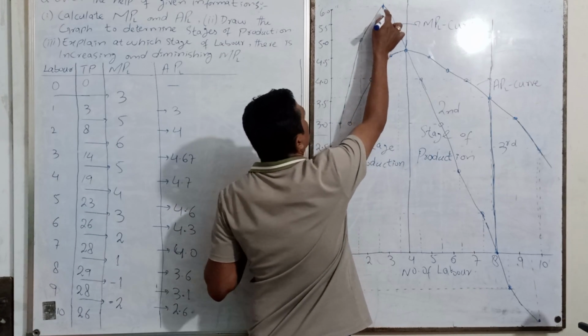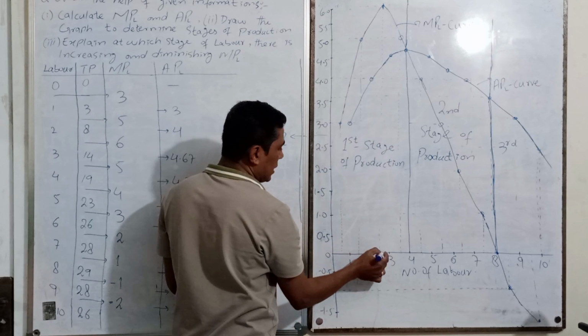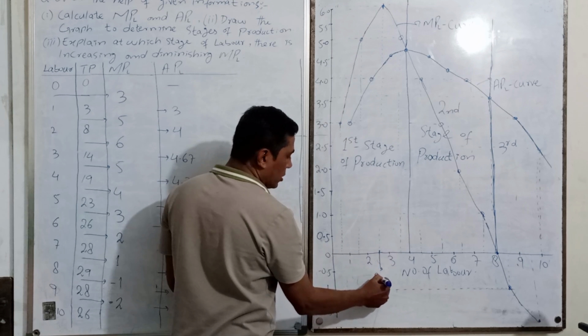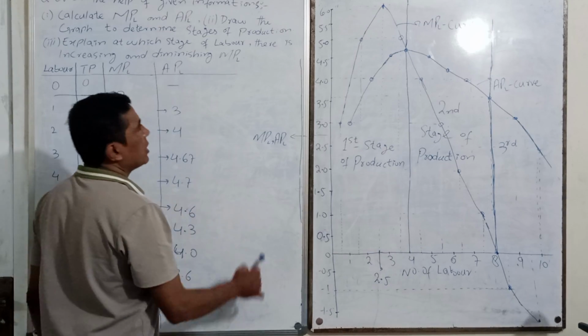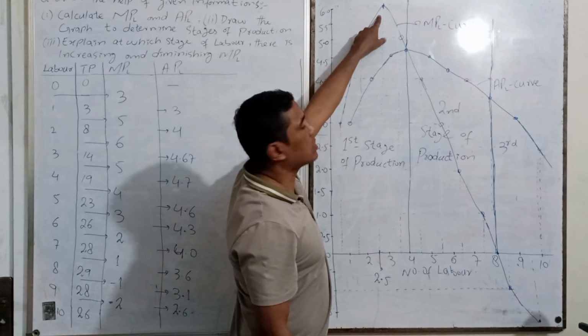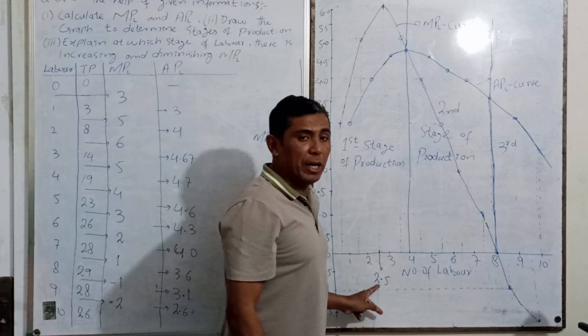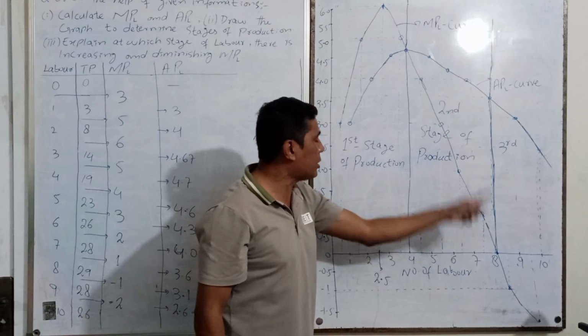Clear? This is the point till which the marginal product increases, which means approximately 2.5 units of labor. Marginal product continuously increases, and after 2.5 units of labor, marginal product continuously diminishes.